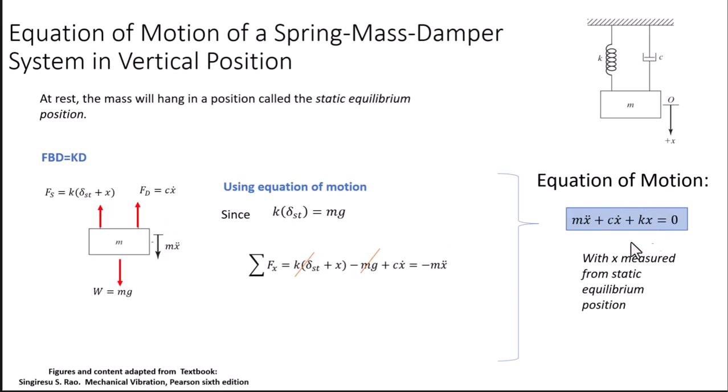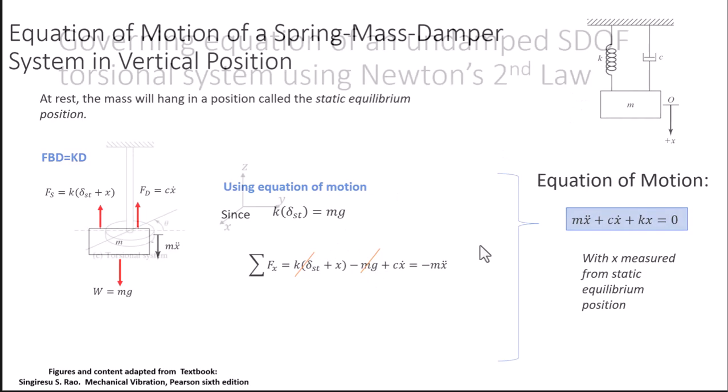Of course, this equation is valid only when x is measured from the static equilibrium position. Therefore, we can cancel the weight. So in conclusion, any time that we measure x from the static equilibrium position, we can write the equation of motion neglecting the weight, or just assuming that the weight will cancel out with the static deflection.